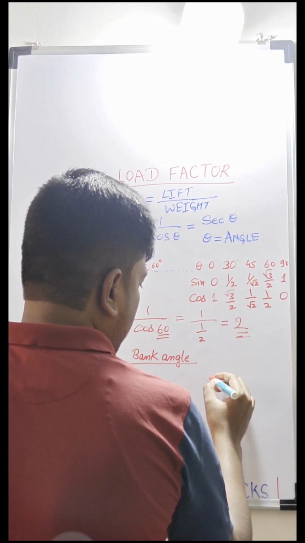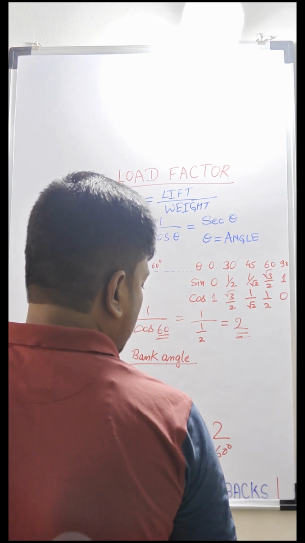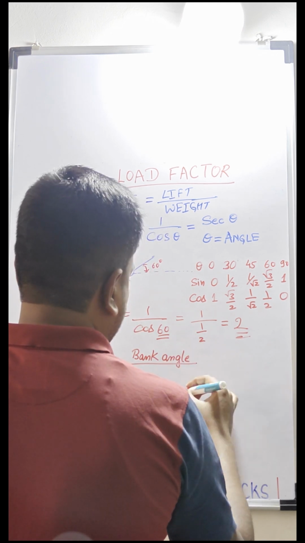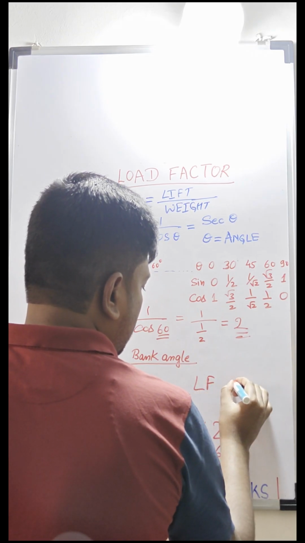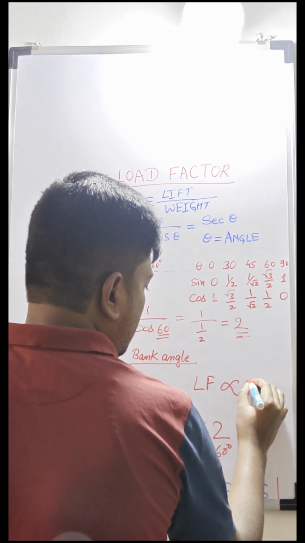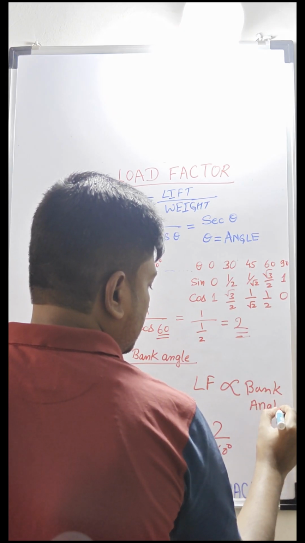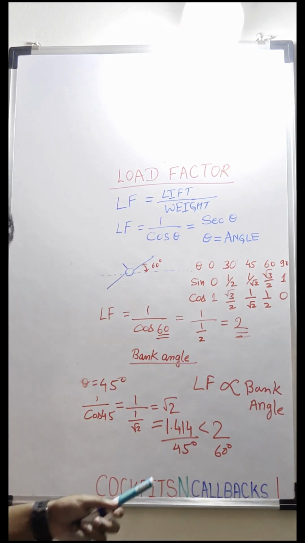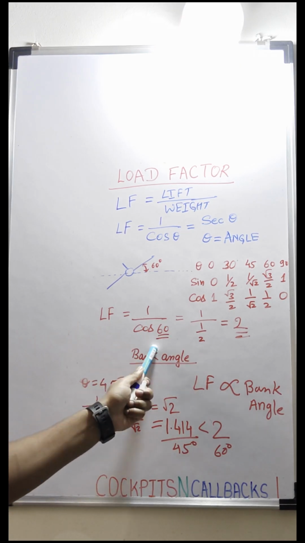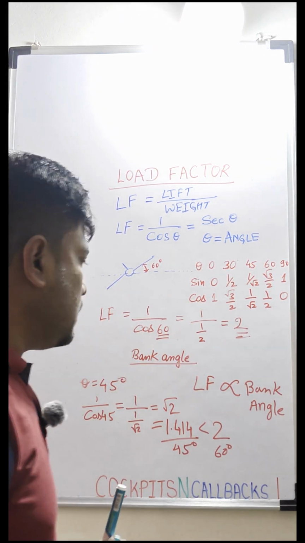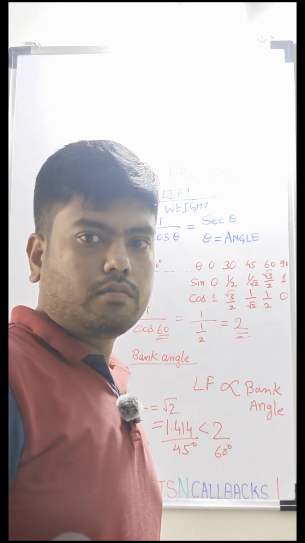So this is for 45 degrees, and this is for 60 degrees. So we can say that the load factor is directly proportional to your bank angle, correct? From the example that we saw, as we increase the value of theta, that is your bank angle, your load factor is increasing, correct?